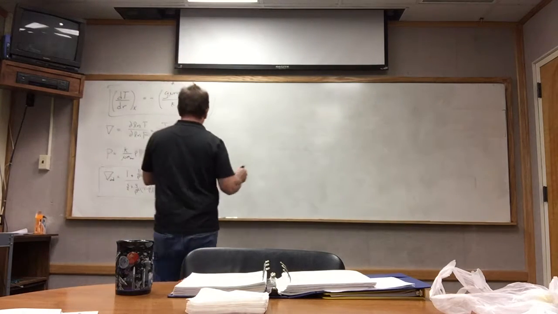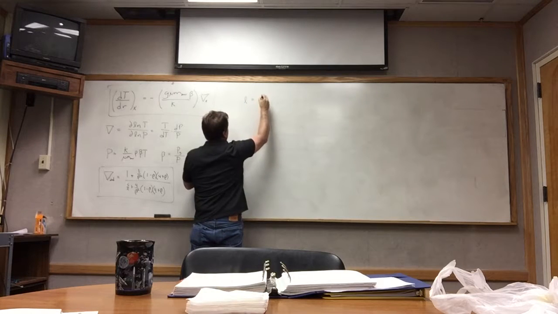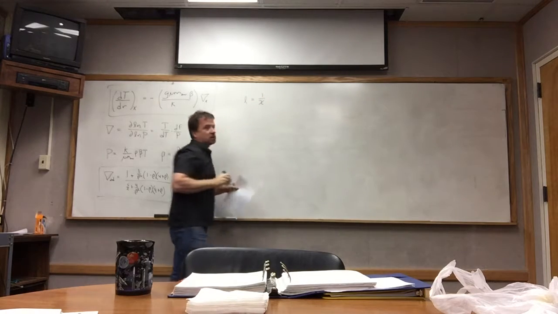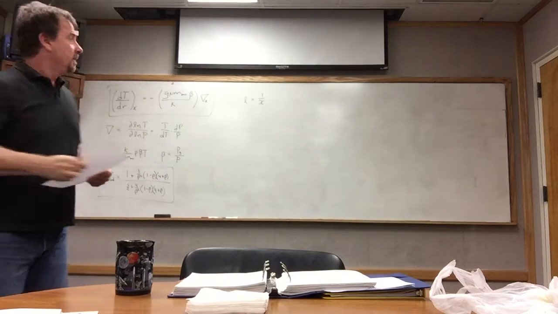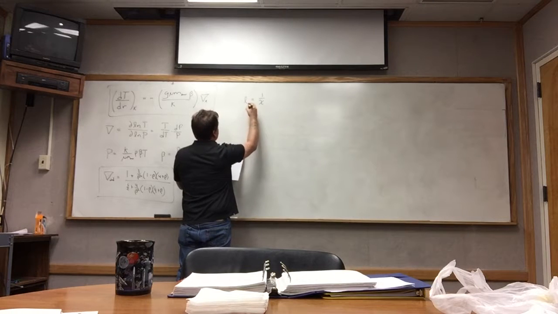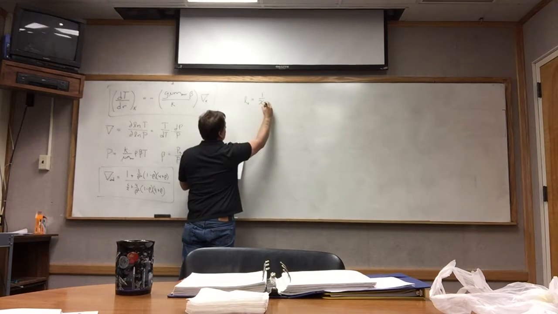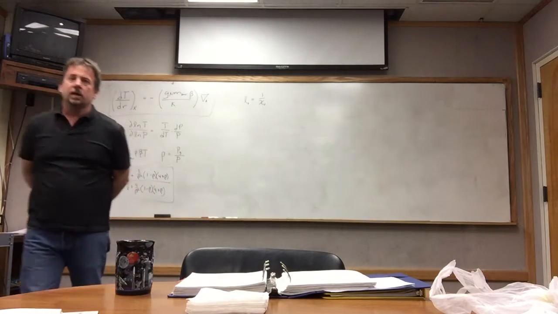So we ended up having that the mean free path of a photon was 1 over the opacity. Okay. Now, there's something that is missing a little bit from my notes, and that is that this is at a given frequency. Okay.